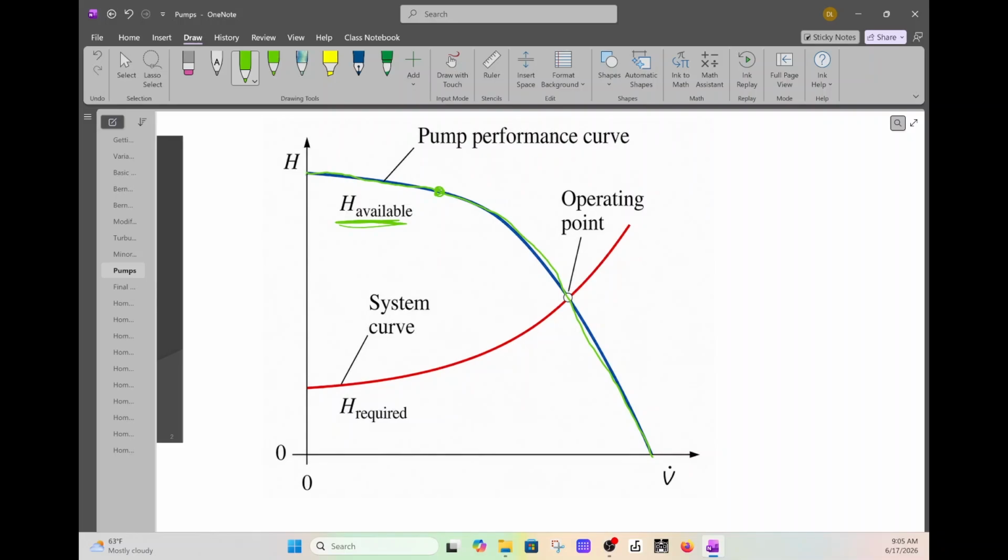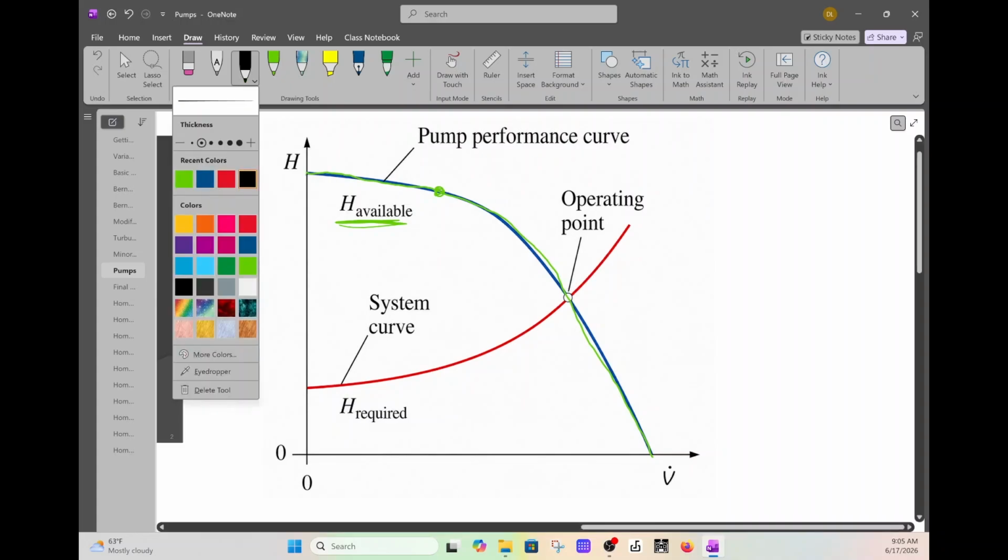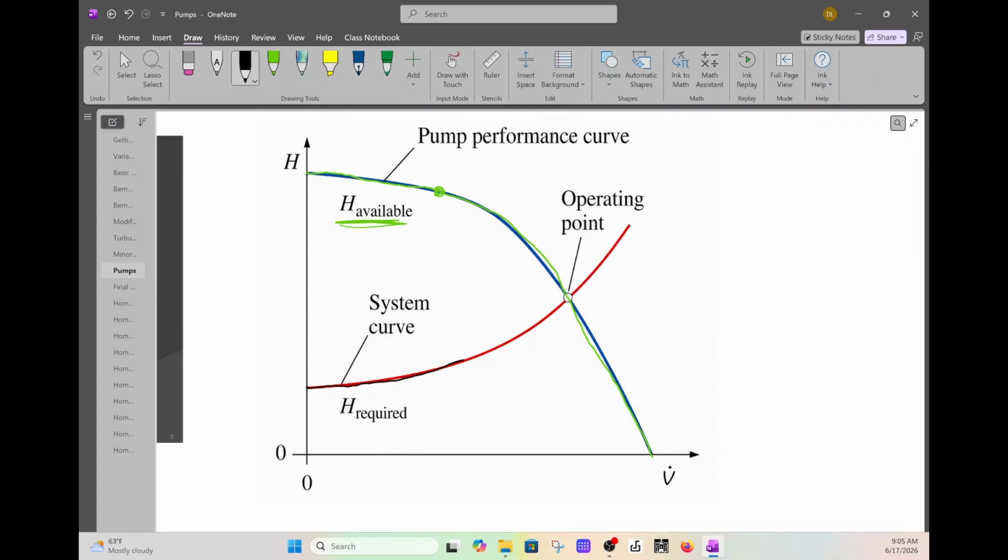The bottom, this red, and I'm drawing it and now in black, this is your system curve, or what's required based on your pump. Well, based on the pump value you need, but it's based on the length of the pipe, the elbows, the losses, the velocities, and all of that.